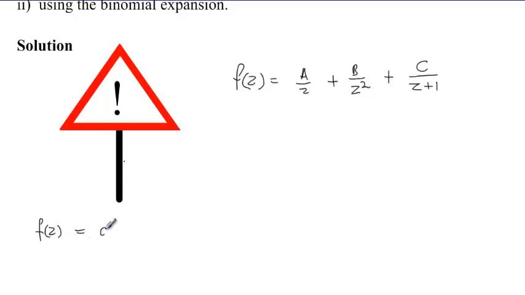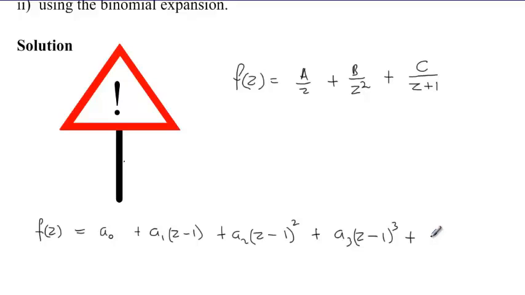This will be a0 plus a1 times z minus 1 to the power 1 plus a2 times z minus 1 to the power 2 plus a3 times z minus 1 to the power 3 plus, here we note that we've got 1, 2, 3, 4.